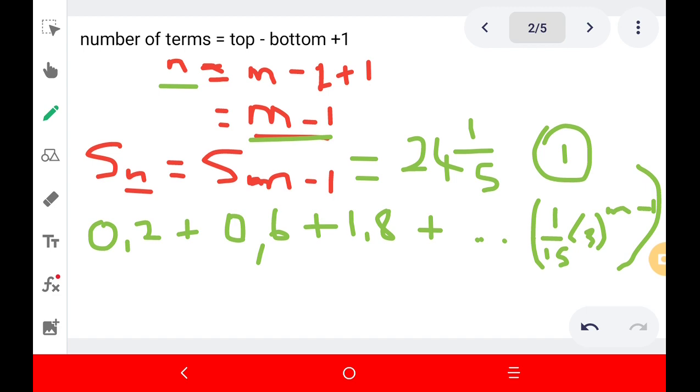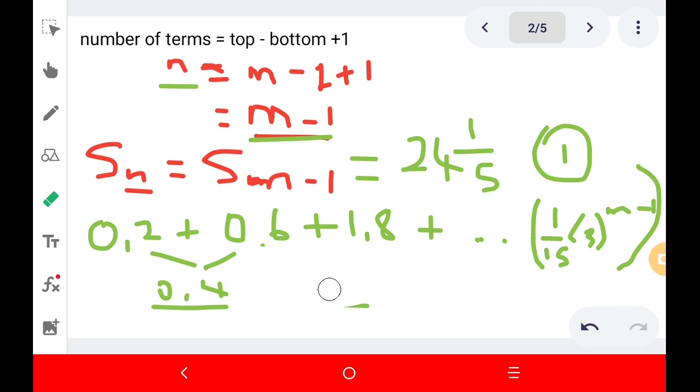The next step is to check what kind of series it is. First check if it can be arithmetic. 0,6 minus 0,2 gives us 0,4. 1,8 minus 0,6 gives me 1,2. Clearly it's not arithmetic.